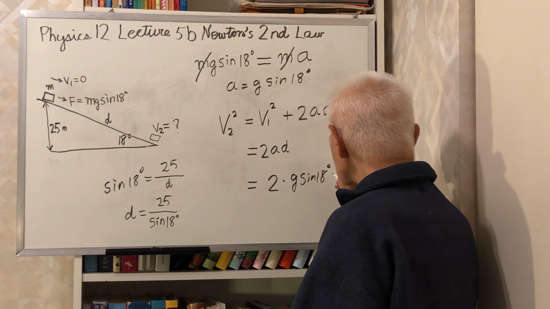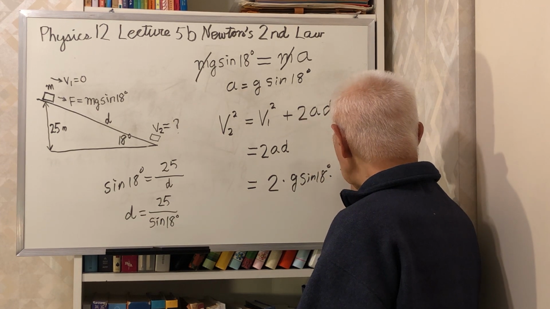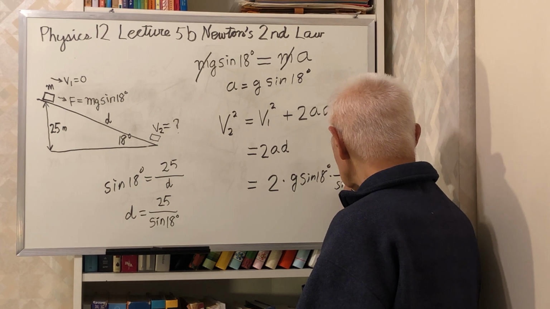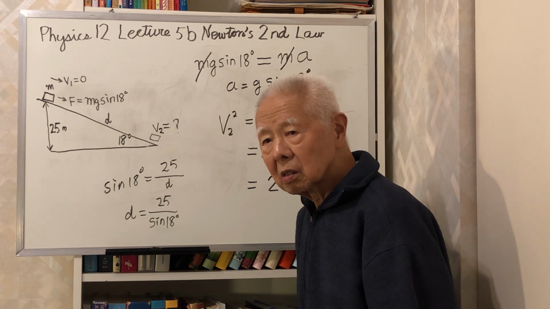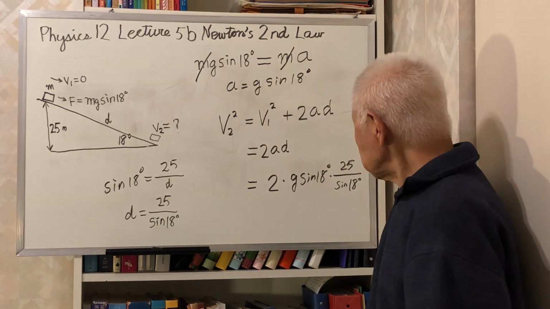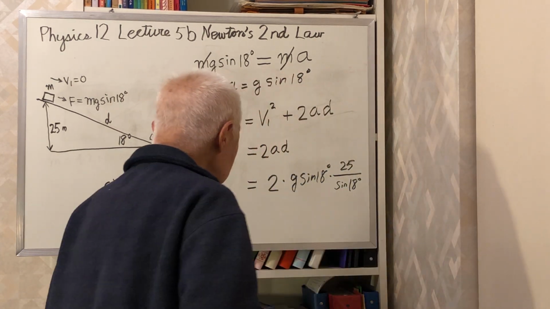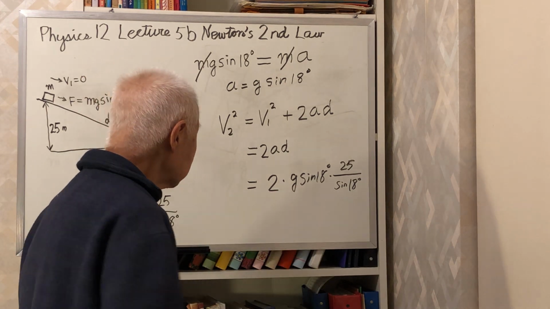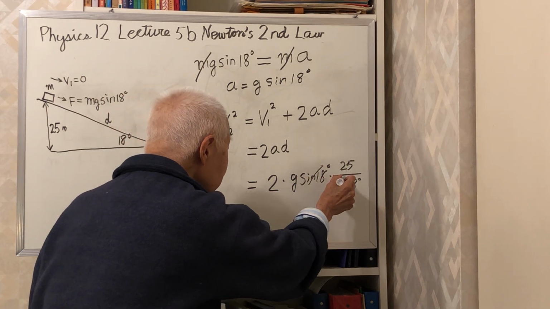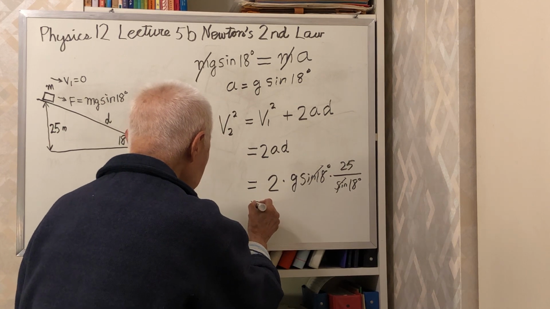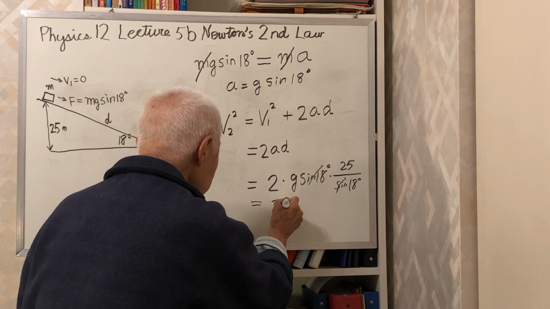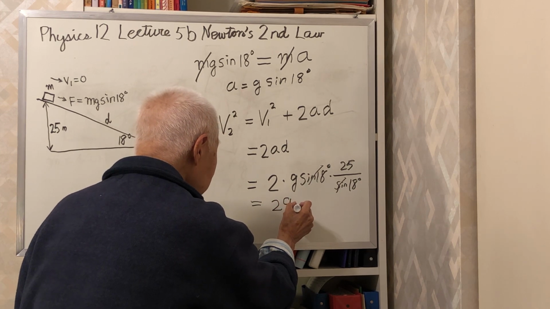And D is 25 over sine 18. You see, sine 18 and sine 18 cancels. Therefore, my V2 is 2G times 25.